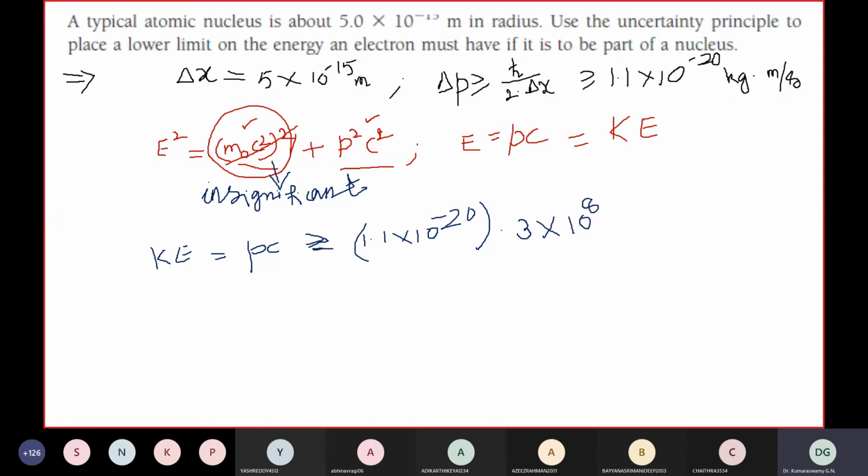What do you get? You get 3.3 into 10 power minus 12. What is the unit?